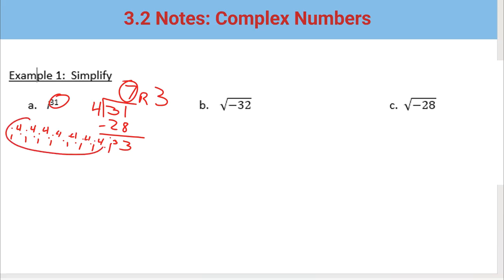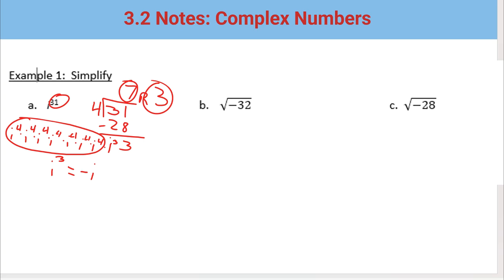All of these are equal to 1s. 1 times 1 times 1 times 1 times 1 times 1. So that means that all I need to deal with is this i to the 3rd. And I know from my list that i to the 3rd is the same as negative i. So all I am really concerned about is this exponent, or this remainder.